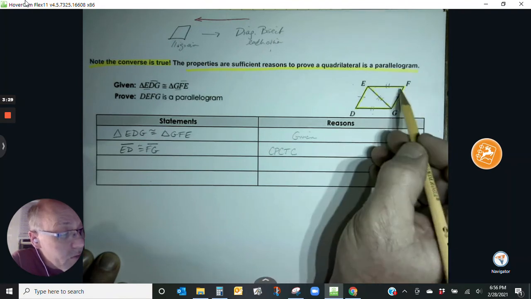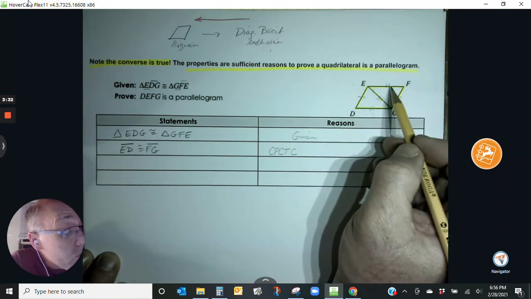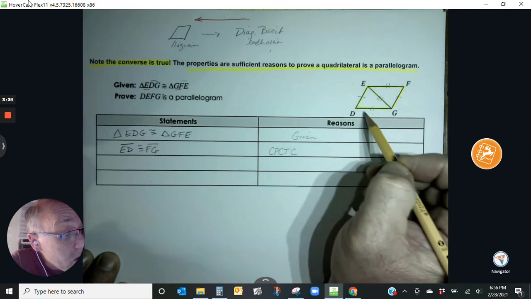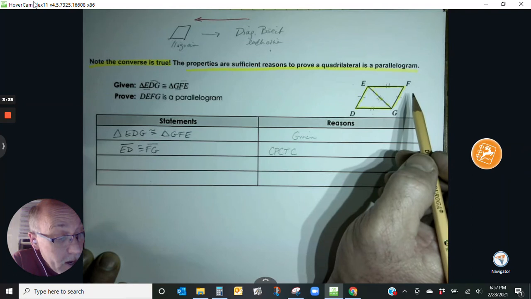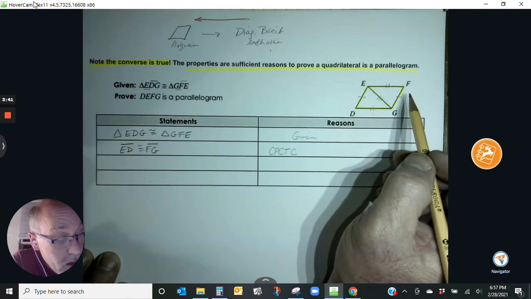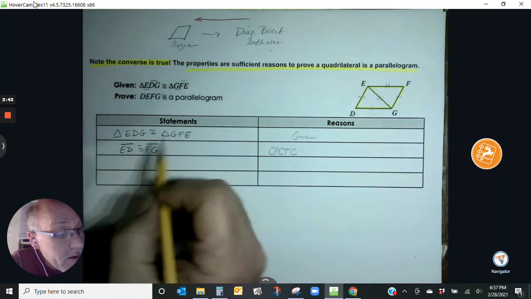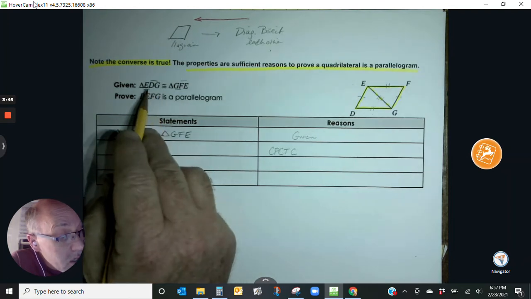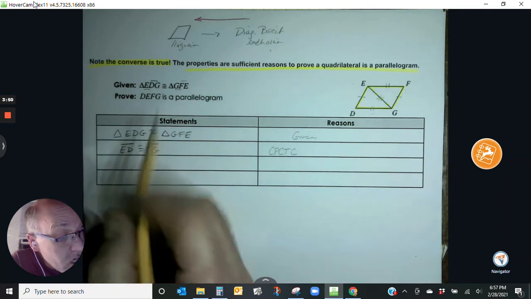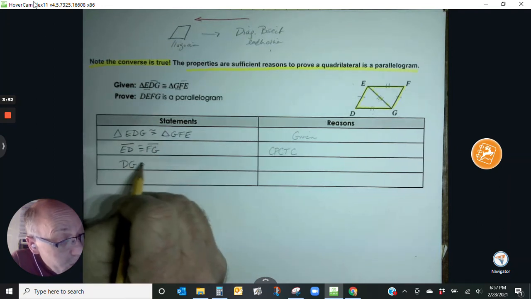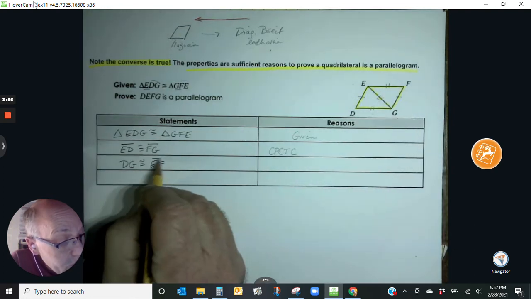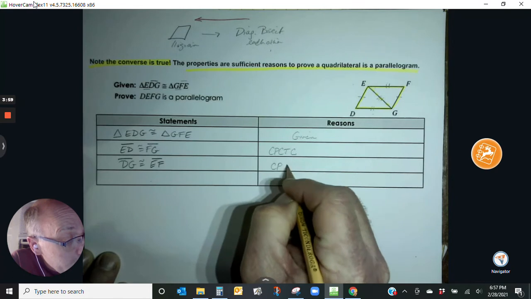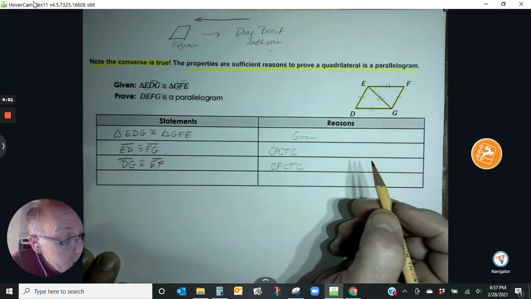Okay, because we could do a set of rigid transformations and translate this one onto this one, and they would match up. Okay. Right. And then we have also, we said DG is congruent to EF. Also by corresponding parts of congruent triangles are congruent.